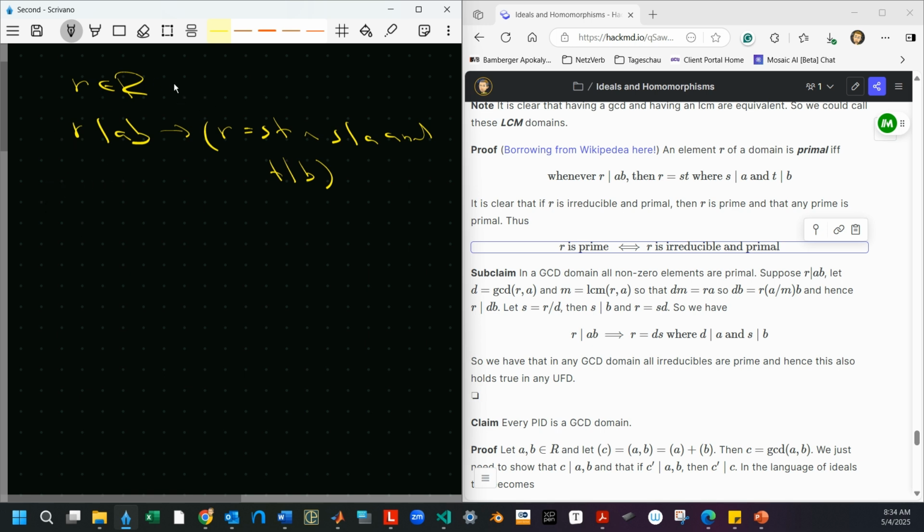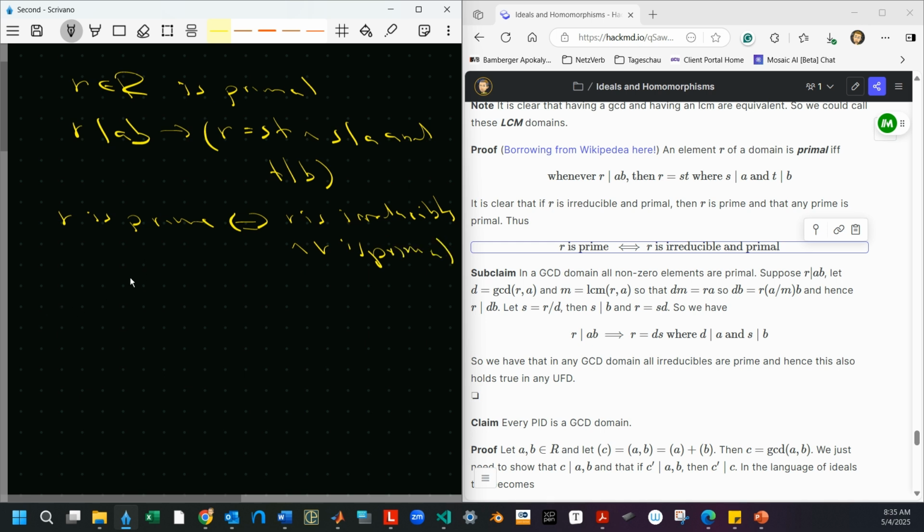R is primal if this happens. So it's pretty clear that R is prime if and only if R is irreducible and R is primal.